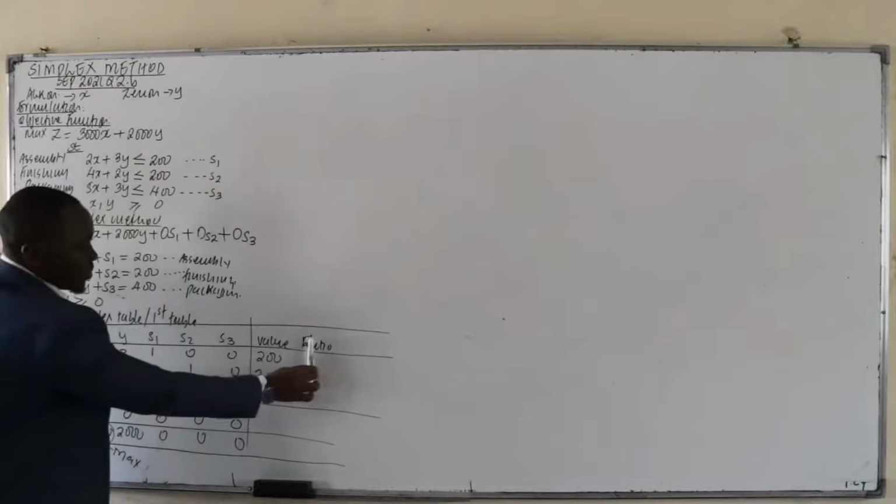How do you develop the second table? From the row DJ, if it's not optimal, you select the maximum element. From DJ, give me the maximum element. 3,000. You take the maximum. Now, that column forms the basis of determining the ratio.